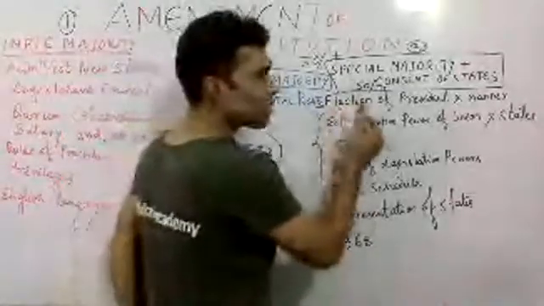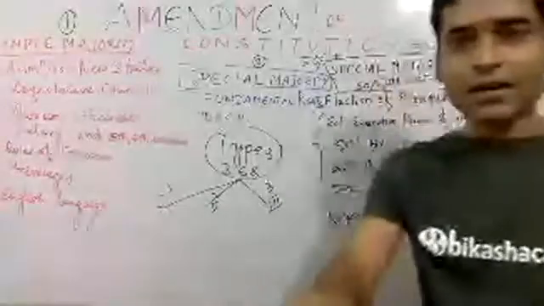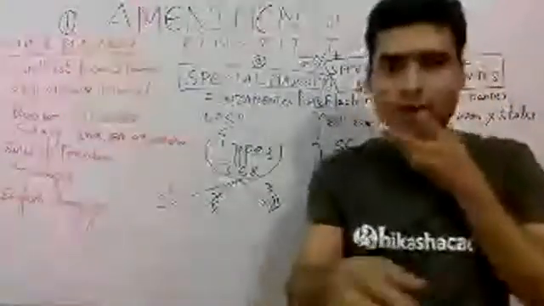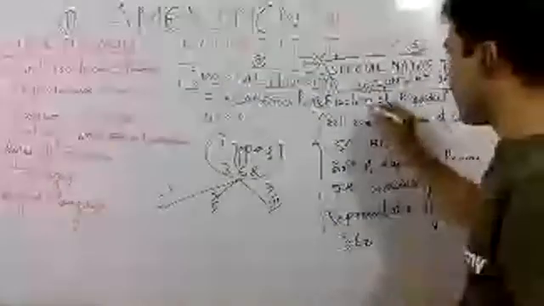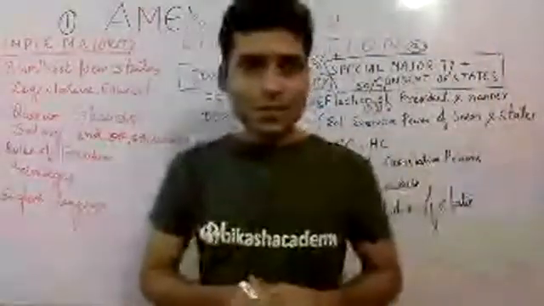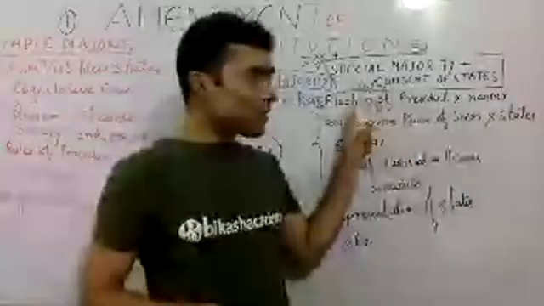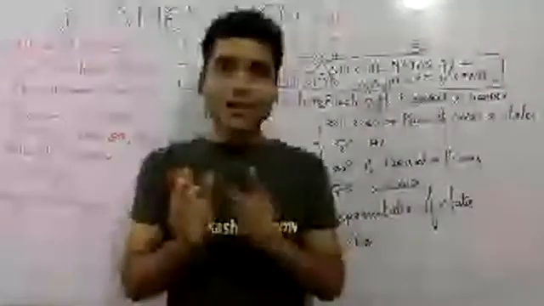Whenever we talk about the election of the President, the manner of election of the President under Article 53, because the President of India articles start from 52. Article 53 talks about the election of the President and the manner of election.